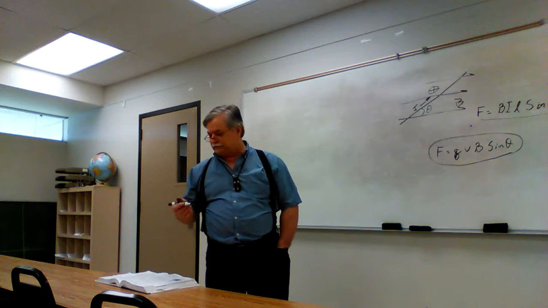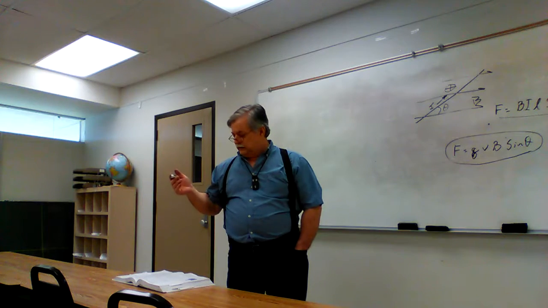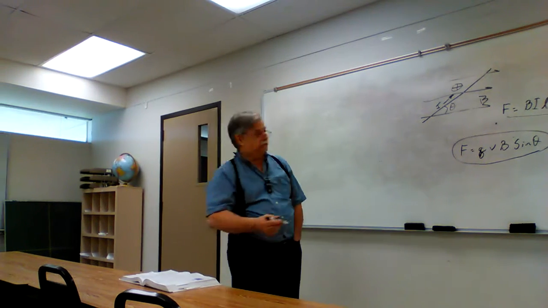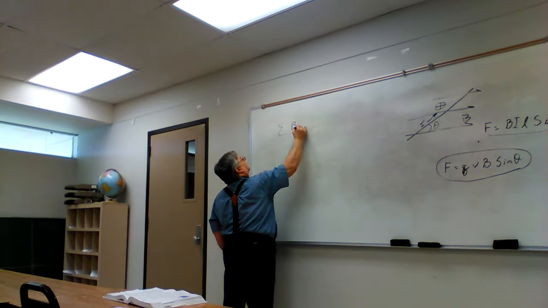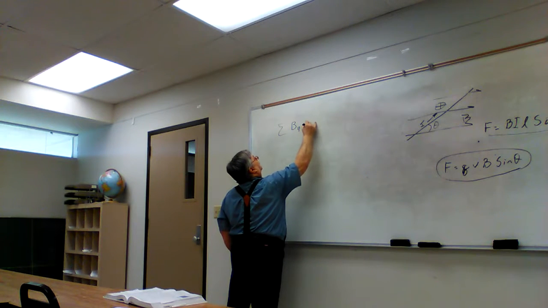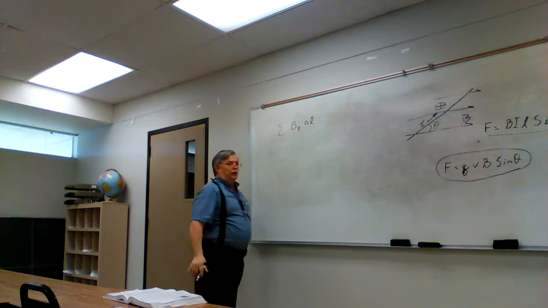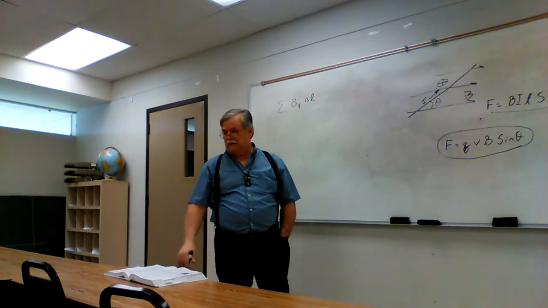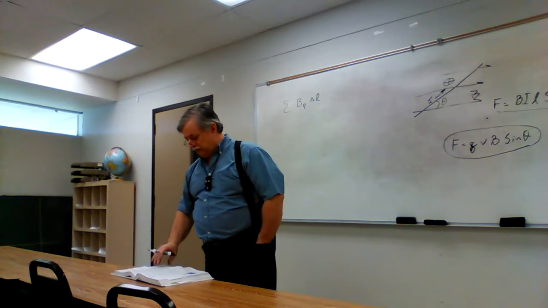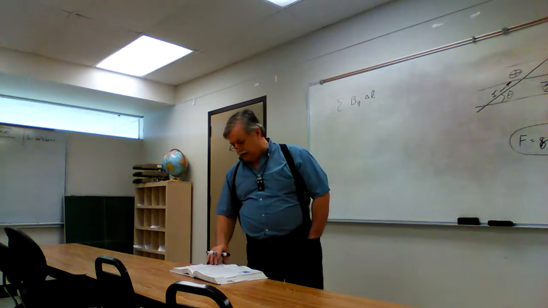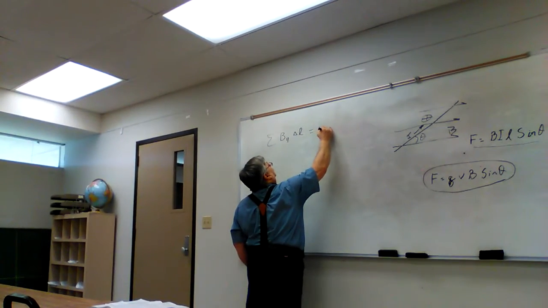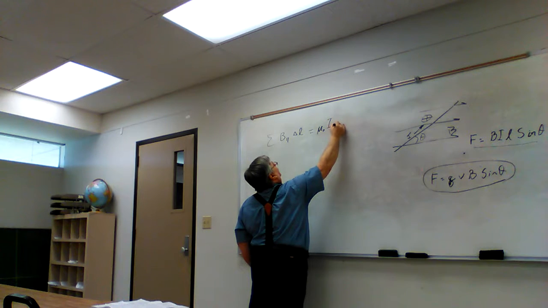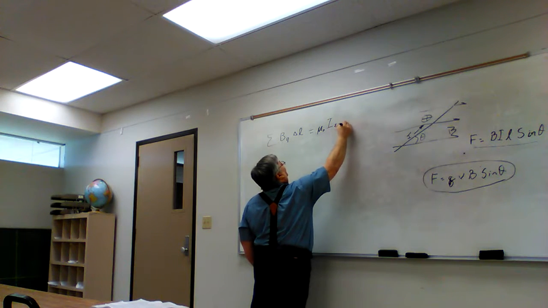Ampere's law. The sum of the parallel components of the magnetic field along a closed path of little segments of length will equal mu sub naught times the current enclosed.